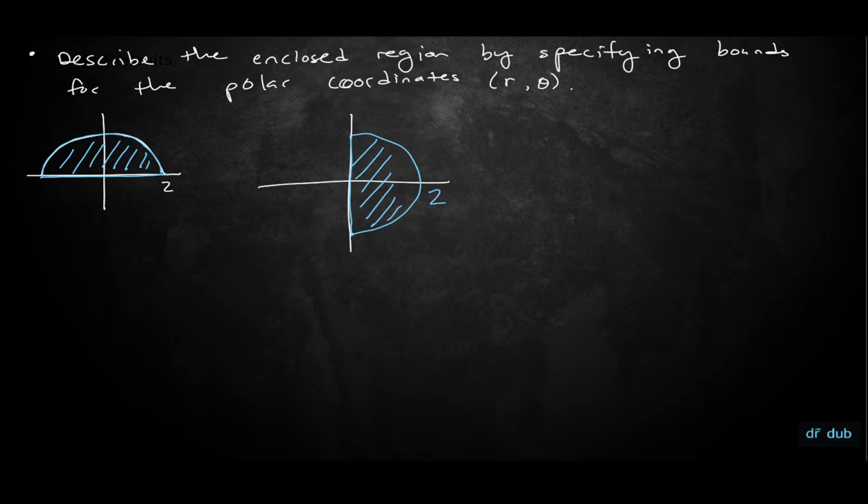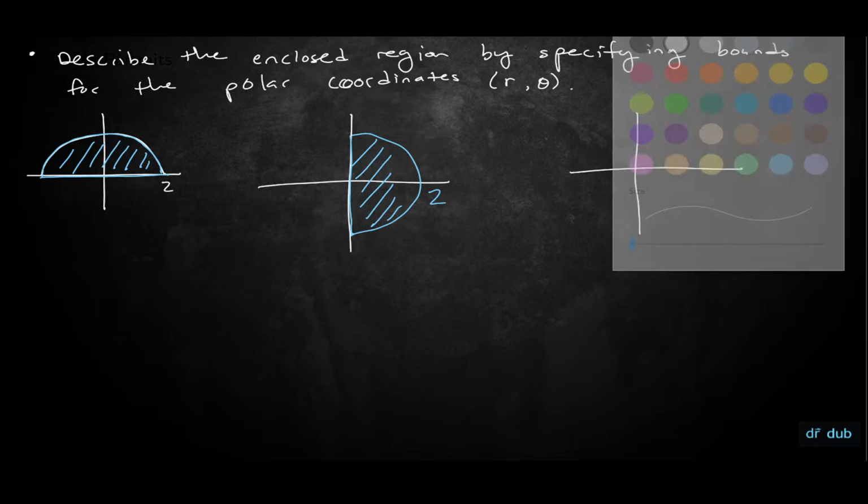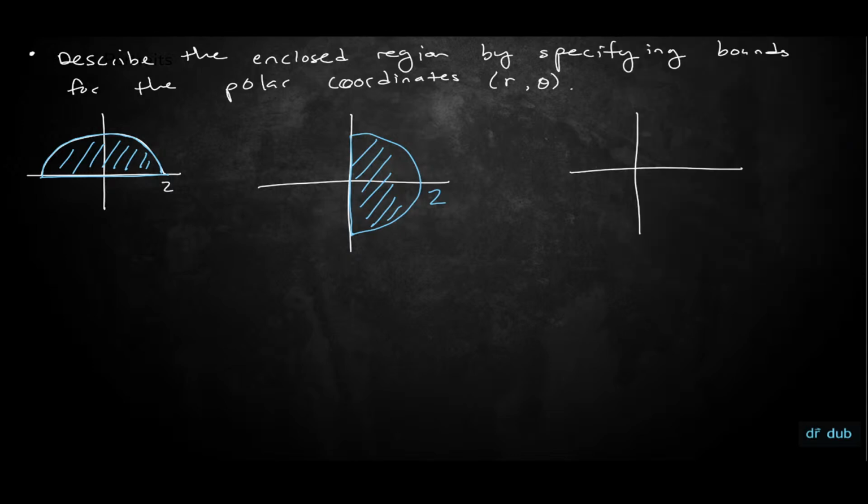And then we're going to talk about one more region. It's going to be a quarter of a disk between radius 1 and 2. So we want to specify the coordinates, or the bounds, for r and theta.